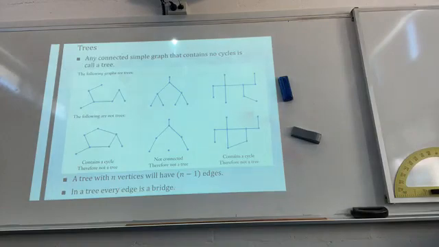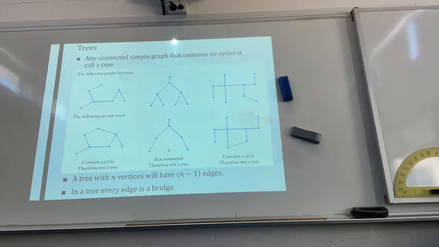Finally, trees. Any connected simple graph that contains no cycle is called a tree. You can see that the top 3 are trees. There's no cycle, and no loop as well.